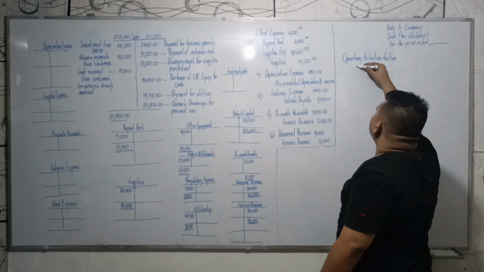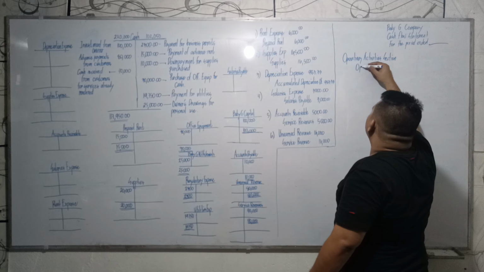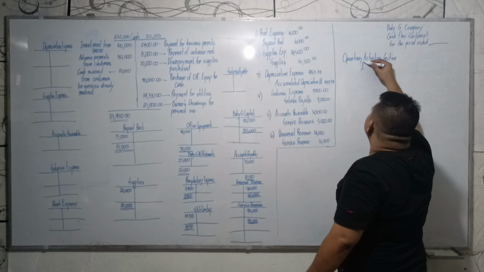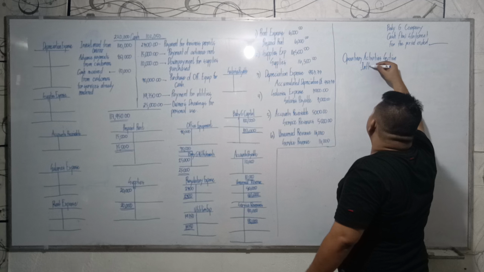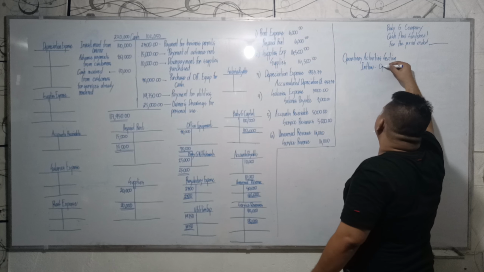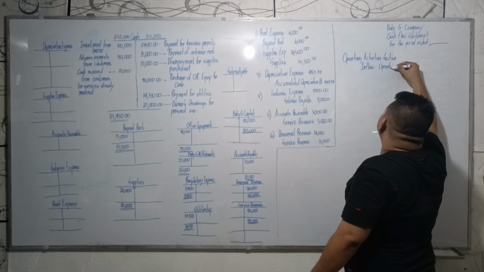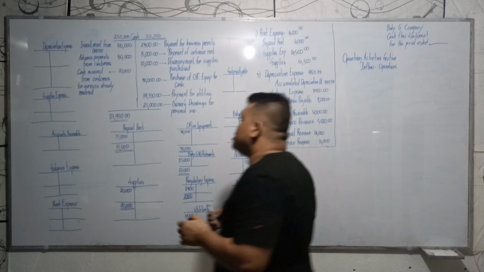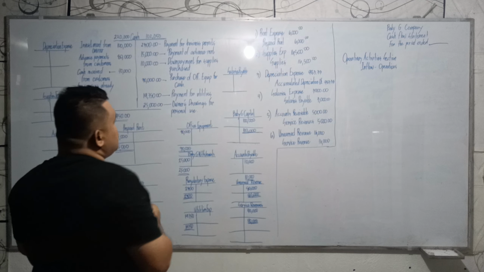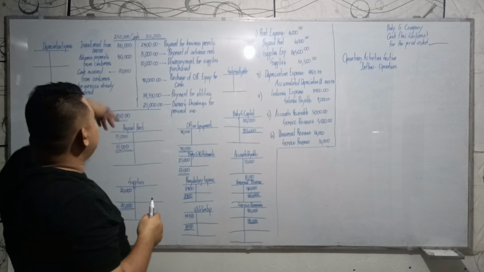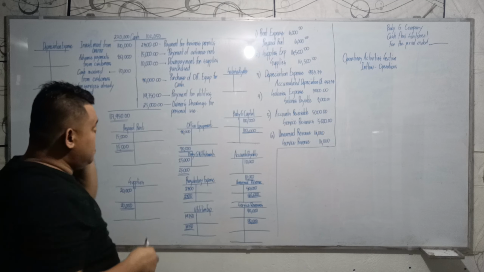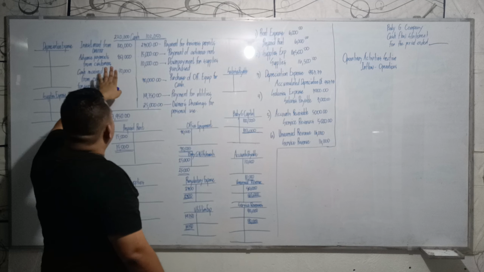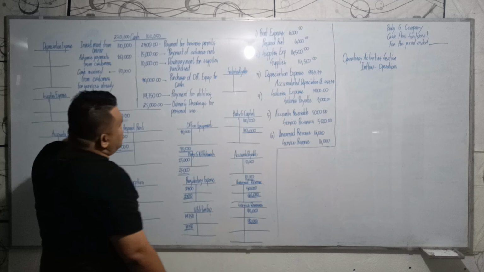So, we'll start with operating activities inflows. Start with inflows. Inflows dash operations. So, we're gonna get the transactions that are related from operations. Like for example, if we talk about operations, we're gonna focus on the debits. Okay? So, which among these three are considered part of the operations?